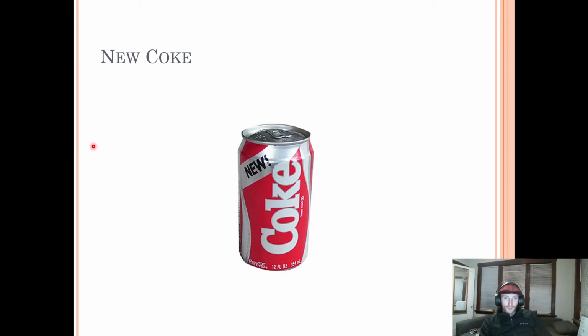New Coke was another example here. So New Coke, Coca-Cola at one point tried to create a new Coca-Cola flavor, and people hated it. They hated it because they felt that it was getting away from the Coca-Cola that they grew up with, something that they already differentiated on.